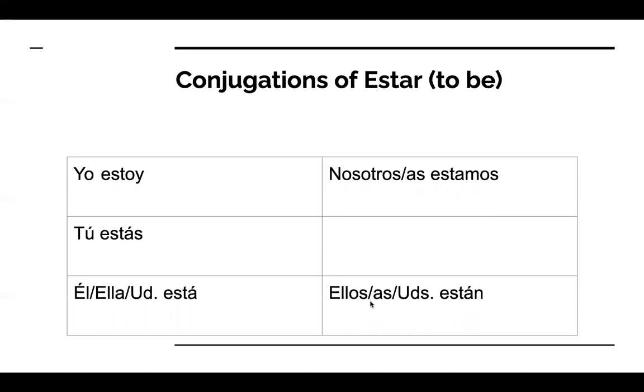Nosotras and ellas are the feminine forms. Like I said last week, when it's a group of just men, you use nosotros and ellos. If it's a group of strictly women, it'll be nosotras and ellas. If there's a mixed group, you always use the masculine form. You'll pick that up with time. I know it's a little bit confusing at first because we don't do that in English, but you'll get there.